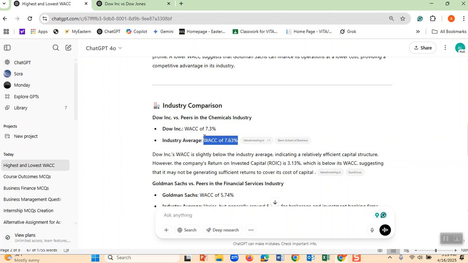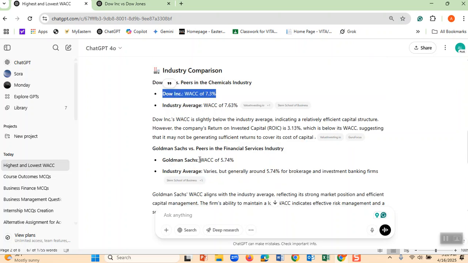The other companies have a cost of capital which is slightly higher. Therefore, chemical companies overall have a higher weighted average cost of capital. But among them, actually, this Dow Inc. has a little bit less weighted average cost of capital.